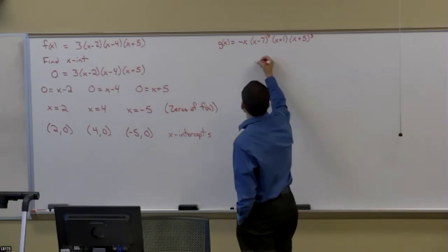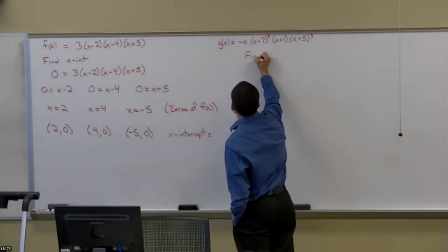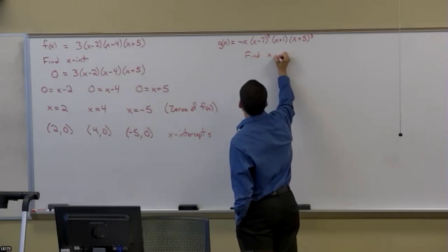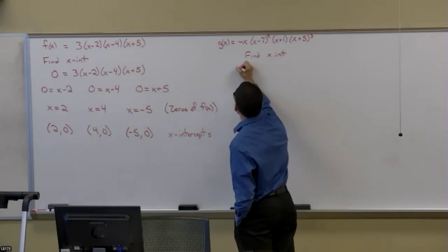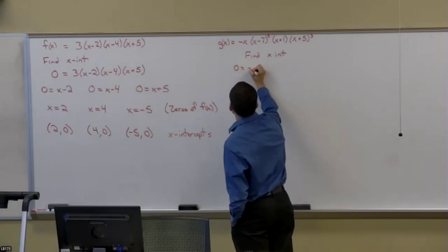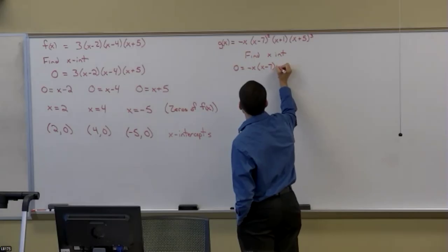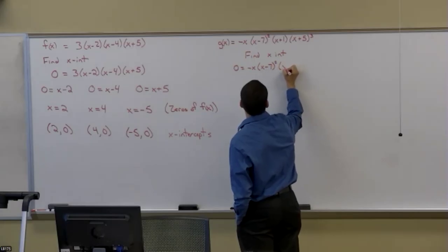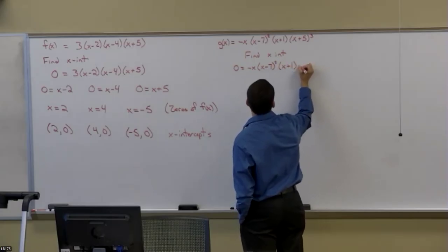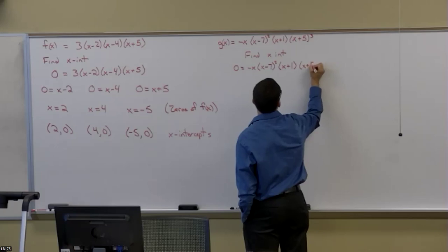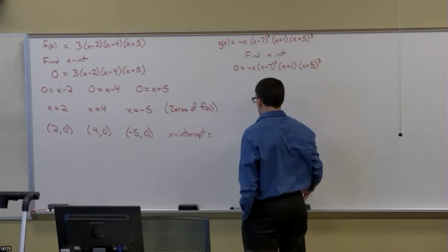When you do that same thing with g of x, we would set 0 equal to -x times x minus 7 squared times x plus 1 times x plus 5 raised to the 3rd power.